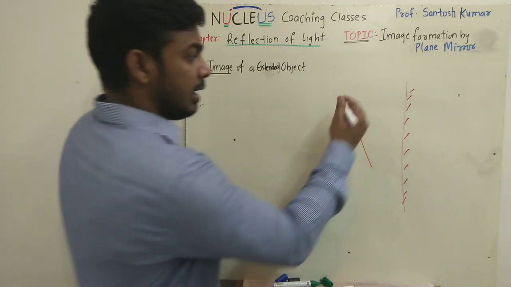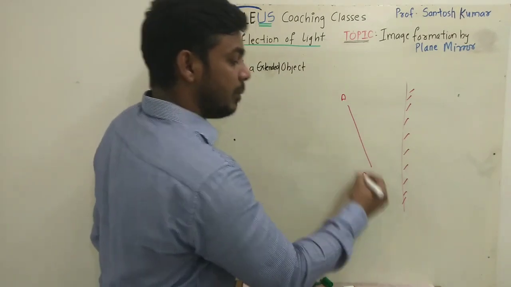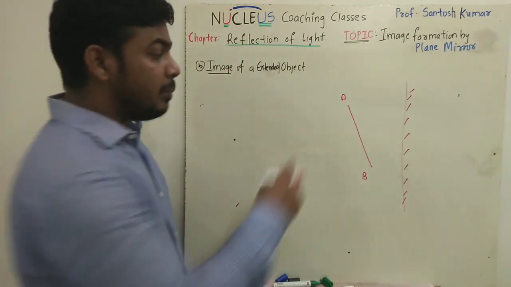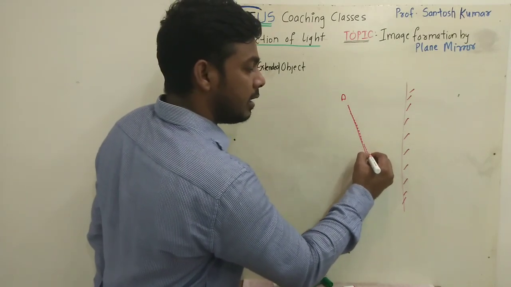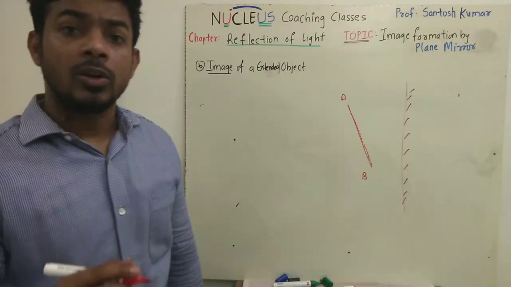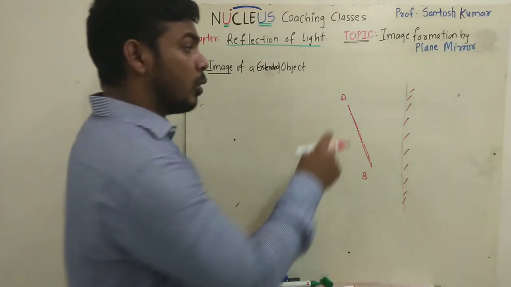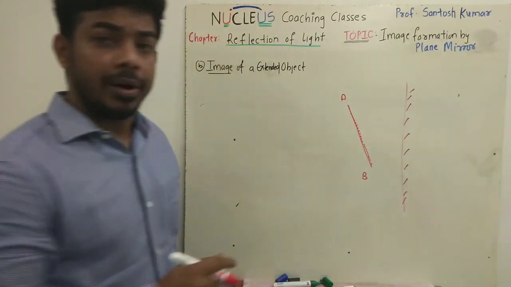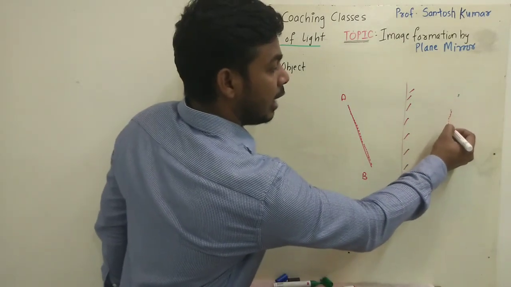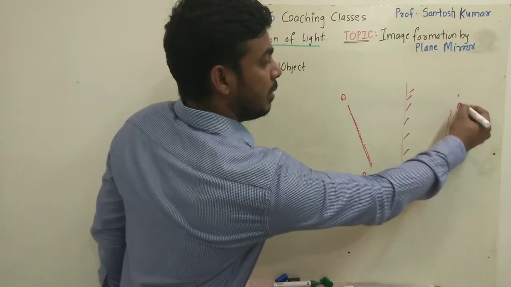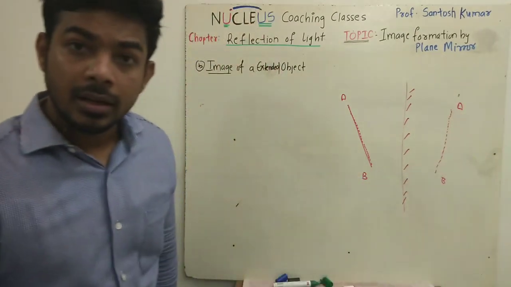Can I name this AB? So AB is the object, and between A and B there are so many points located, right? If I can locate the image of each point, that means ultimately I would be getting the image of object AB. Am I right?